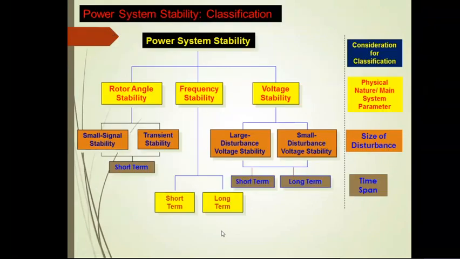Now, in this slide, we are interested to know how we classify power system stability. We have defined stability as the ability to change to a new operating point, but there are several operating variables associated with it, and based on these variables which may lead to instability, we have the classification.